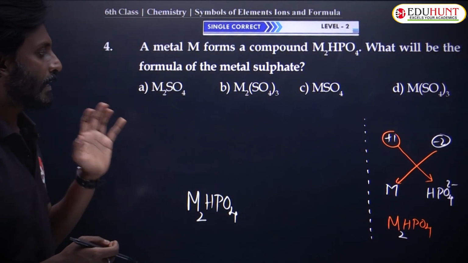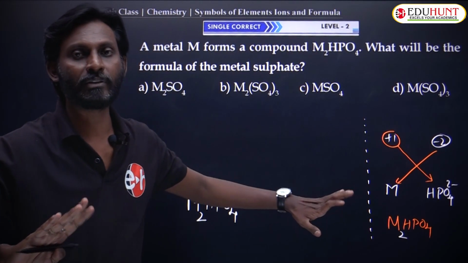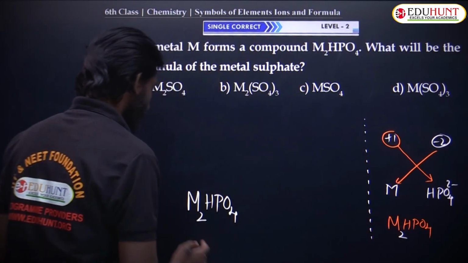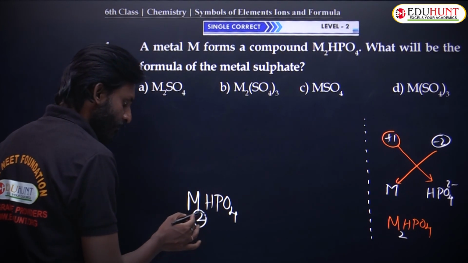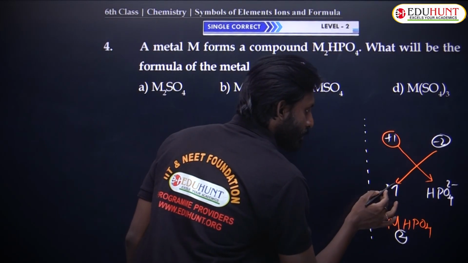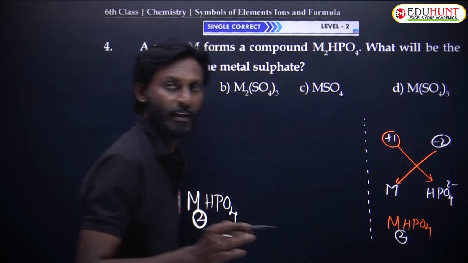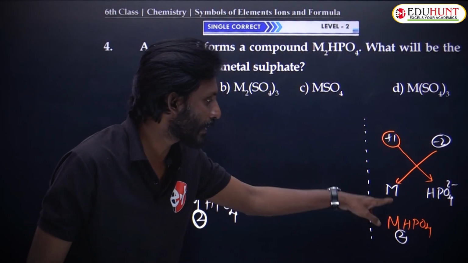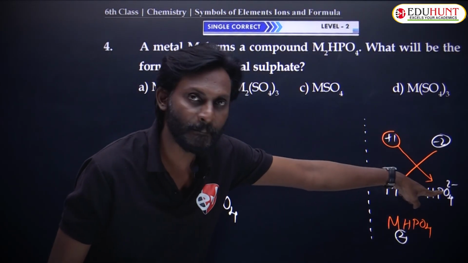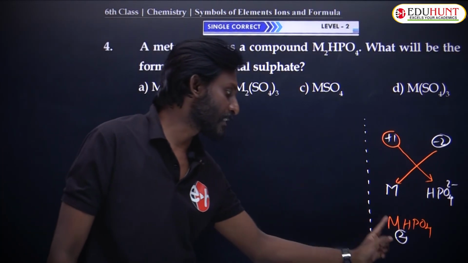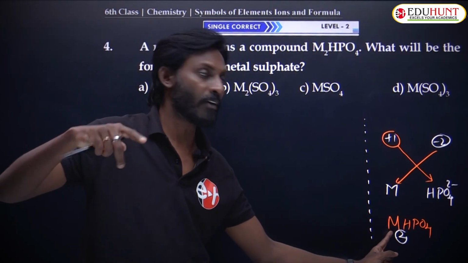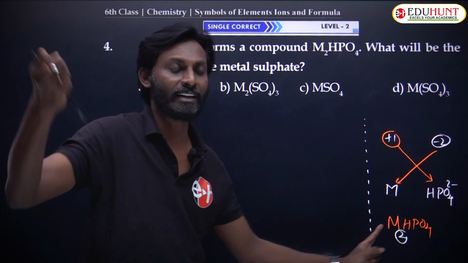Yes. So with the help of this concept, now I am going to reverse it, because you have the formula now. What does it mean? This 2 came from where? This subscript in the formula came from the charge present on the anion. So what happens? From the subscript of the cation, you can guess the charge on the anion.